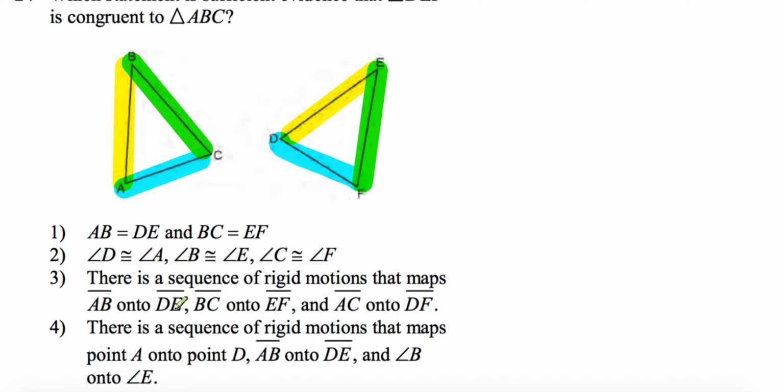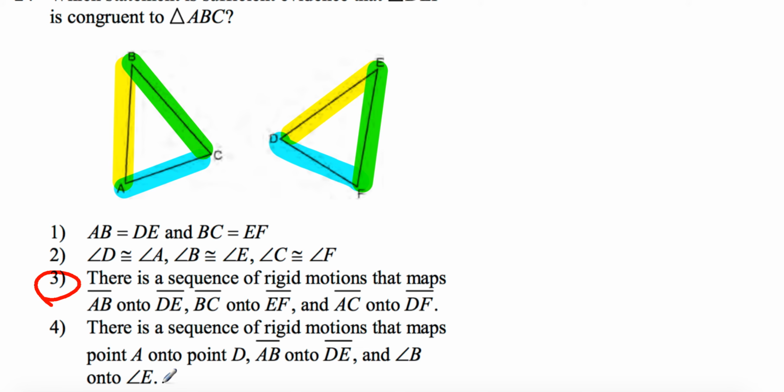Oh, because rigid motion preserves the distances and angles, so therefore the third one should have been our answer. 3 sides basically map onto each other. That means this is by SSS postulate, essentially.